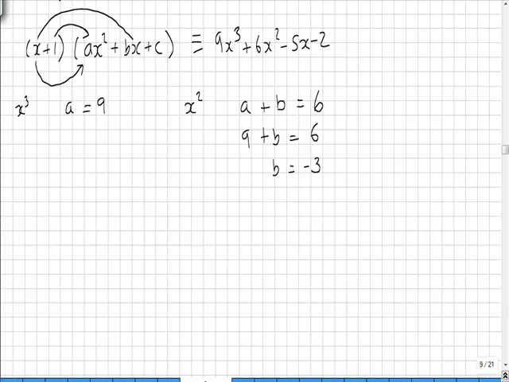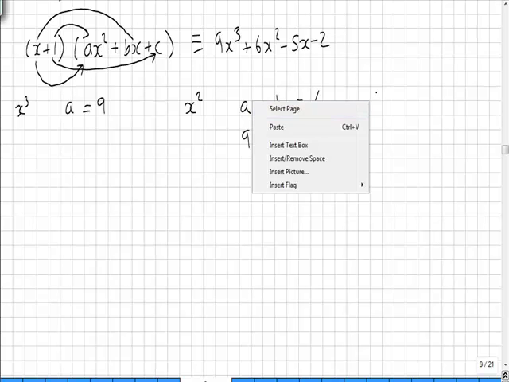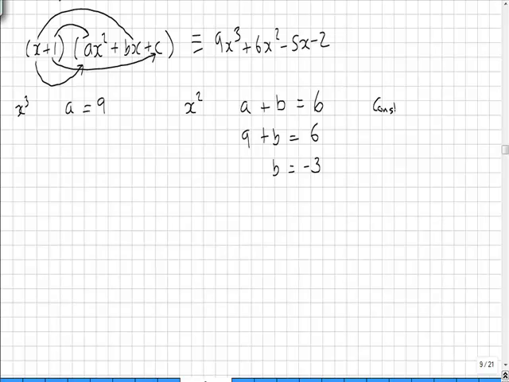Finally, we just need to compare the constants. The only way in which we can just have a number occurring on the left hand side is if 1 was multiplied by c. So looking at our constants, on the left hand side we simply have c, and on the right hand side we have minus 2.